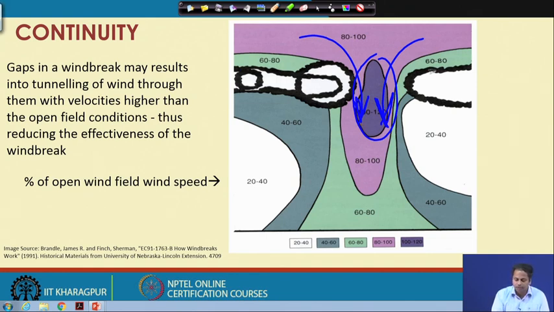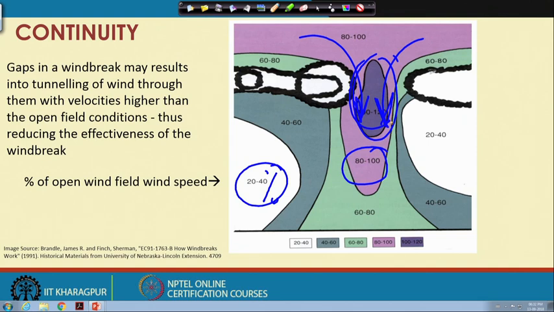Here you can see only around 20% reduction. Here the reduction is quite good, around 60 to 80%, with wind speed around 20 to 40%. But effectively, because of this gap, the overall protection area and the effectiveness of the windbreak have been reduced.